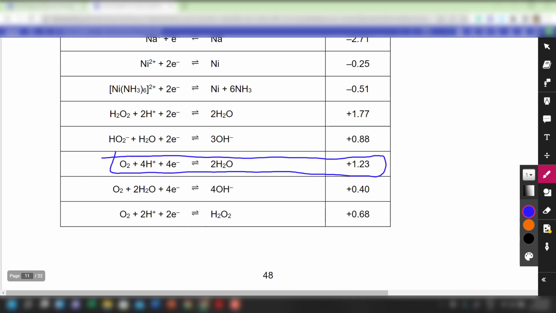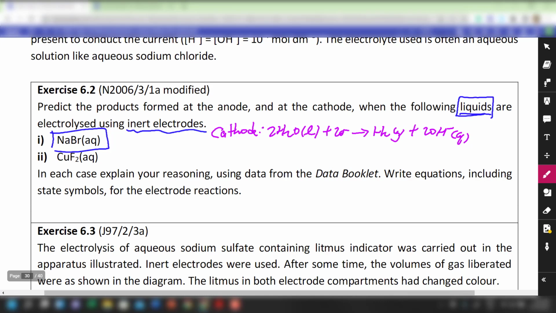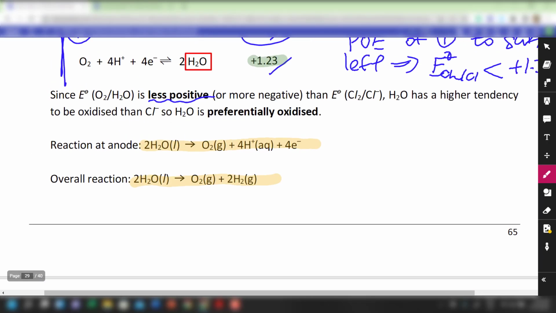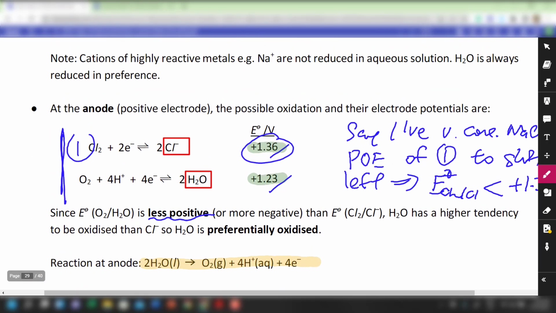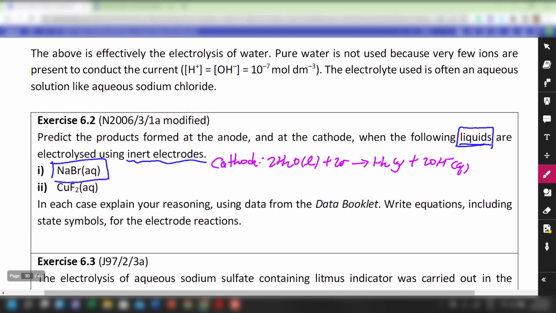For a proper working, you need to write down the half equations for bromine-bromide as well as oxygen-water, like how we did over here. But because of the lack of space, I will not be writing it down.